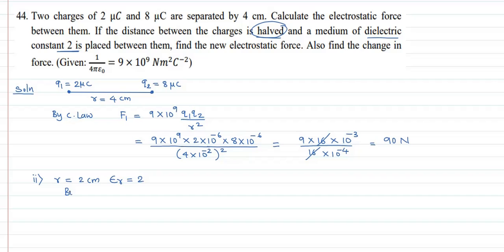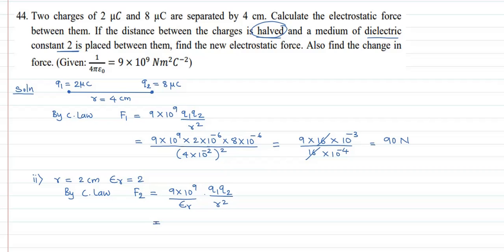Again by Coulomb's law, I will take the force as F2. So you will have 9 into 10 raised to 9, as a dielectric medium is there, divided by epsilon R, Q1 into Q2 divided by R square.